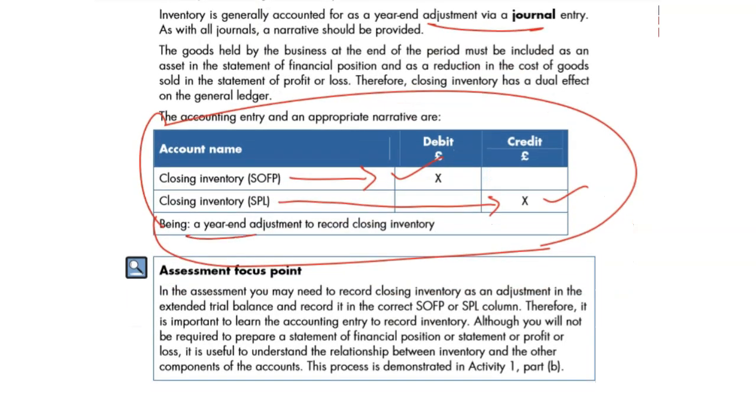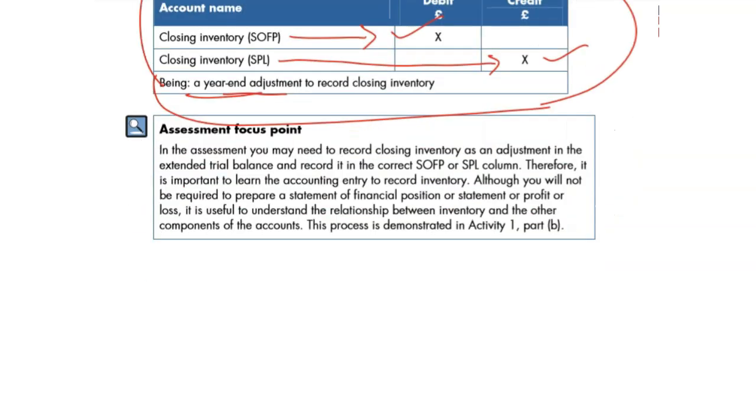And the narrative: wherever there is a journal, you need to write a narrative. The narrative is year-end adjustment to record closing inventory. There's an assessment focus point. In the assessment, you may need to record closing inventory as an adjustment in the extended trial balance, which you're going to check out in chapter 12, and record it in the correct SOFP and SPL column.